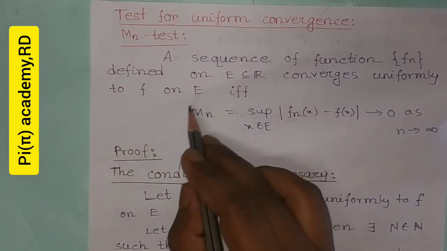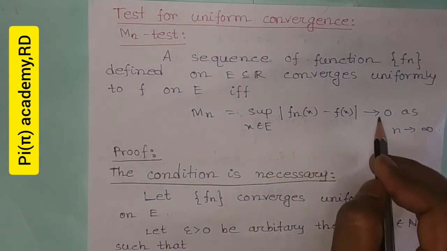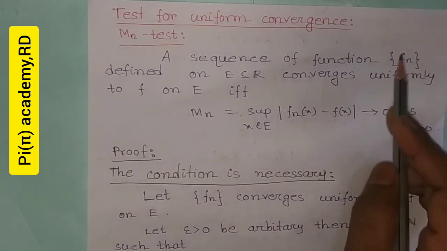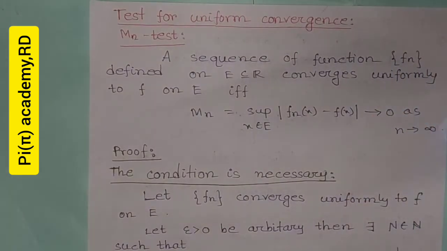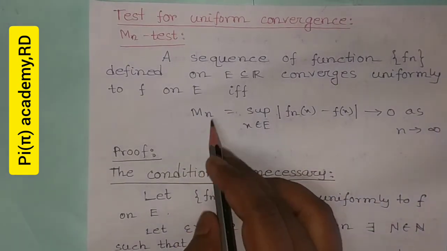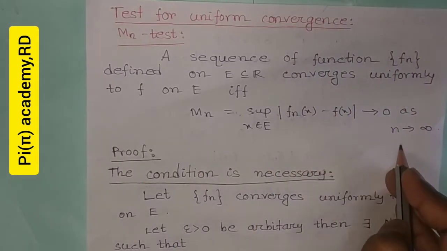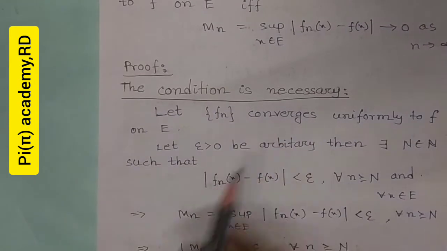If Mn tends to 0 as n tends to infinity, then the sequence of functions converges uniformly, and if the sequence of functions converges uniformly, then Mn, where Mn equals the sup of this, also tends to 0 as n tends to infinity. Now the proof of this theorem.